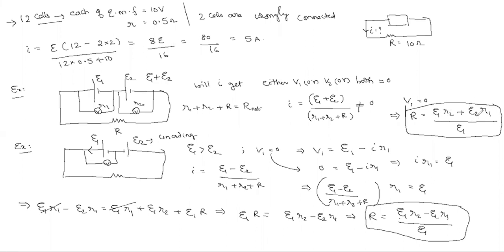E into R1 plus R2 by E. I think E gets cancelled. Yes, sir. So in this case, if E1 is equals to E2, I will get capital R is equals to R1 plus R2. Is it okay, Nana?